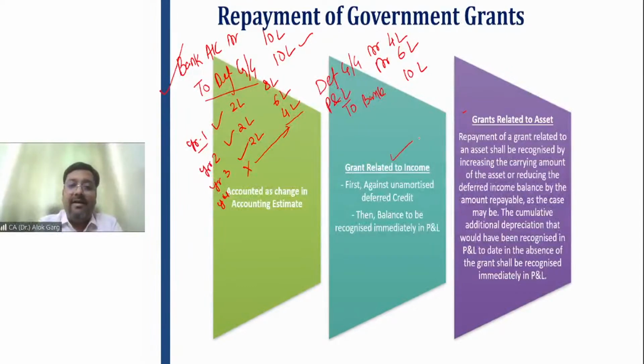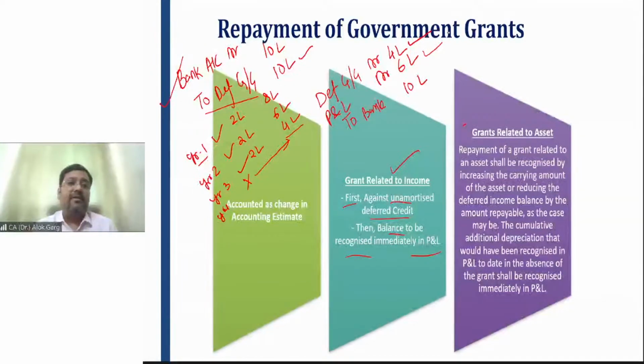So friends, if the grant is related to income, we first adjust this payment against the unamortized deferred credit, which is 4 lakh rupees. Then the balance is recognized immediately in the P&L, which is 6 lakh rupees. Is that clear to everyone?